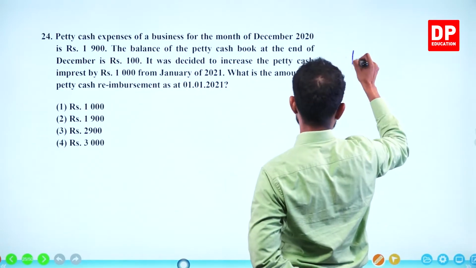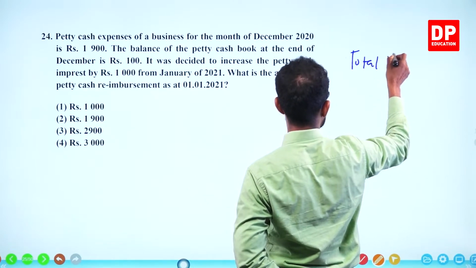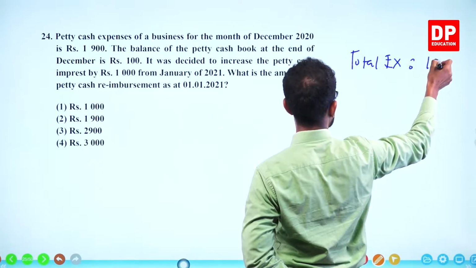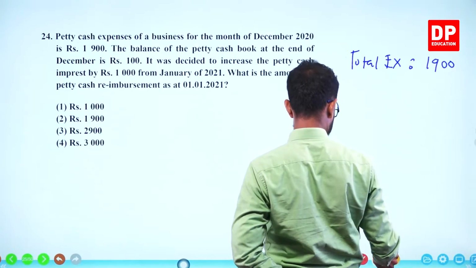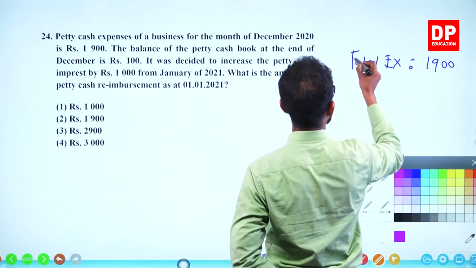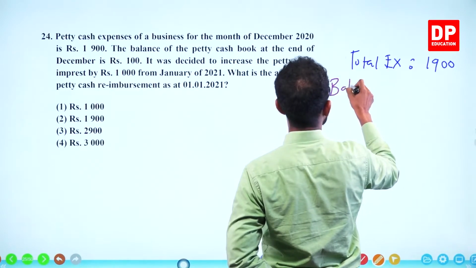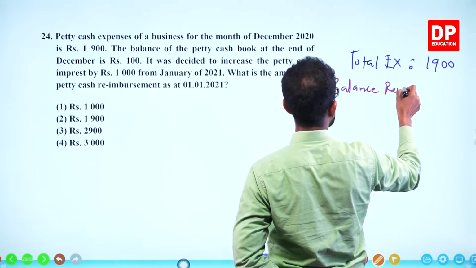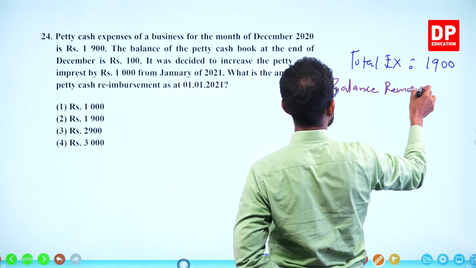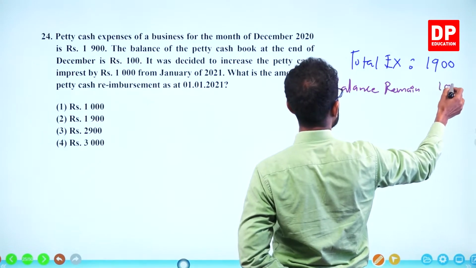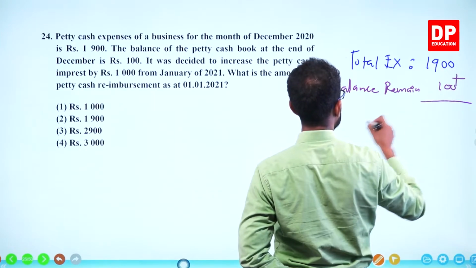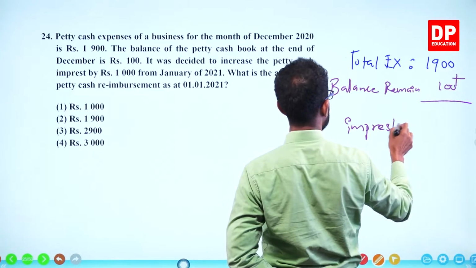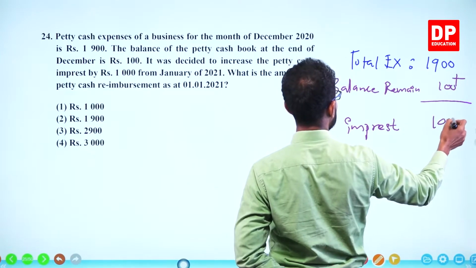Okay, so total expenses 1,900. Balance remaining 100, which means the imprest is how much? 2,000.